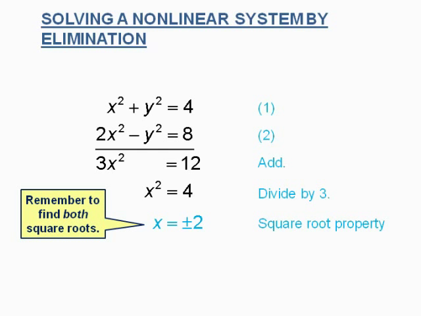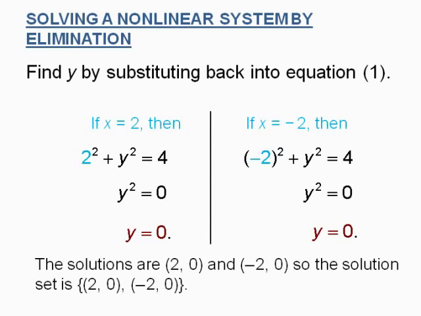So we'll end up with 3x squared equals 12, so x squared is 4. Here's some great exam review: whenever you take the square root, there are 2 answers, plus or minus 2, so be careful. They always forget that plus or minus. When x equals 2 and we plug back into the first equation, we get y squared is 0, so y is 0.